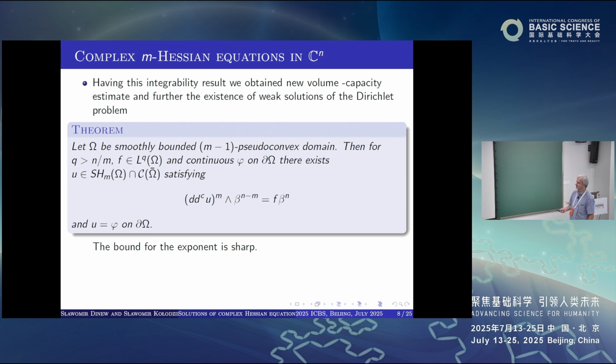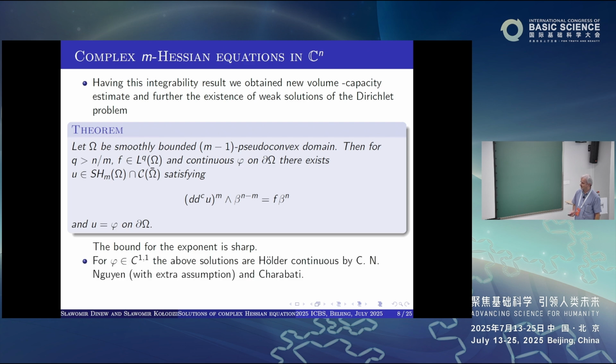You put continuous data, and we found continuous solutions up to the boundary of the m-Hessian equation. This bound on the exponent, n over m, is sharp because of this Green-type function from the previous slide. This statement was extended later by Kwon Nguyen with some extra assumption close to the boundary, and in a more general form by Sharabati.